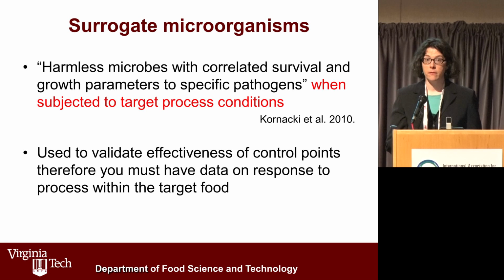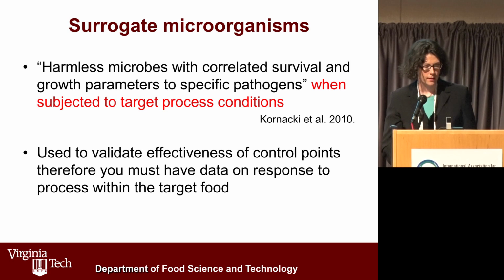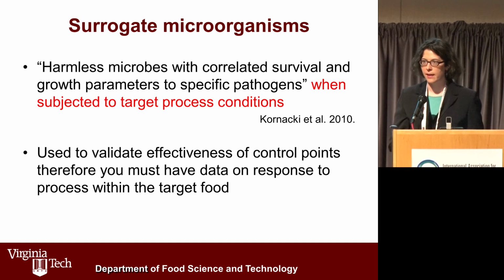What has become very popular lately is the use of surrogate microorganisms. There are a lot of different definitions for surrogate microorganisms, but probably the one that I like the most is that surrogate microorganisms are harmless microbes with correlated survival and growth parameters to the specific pathogen of interest.